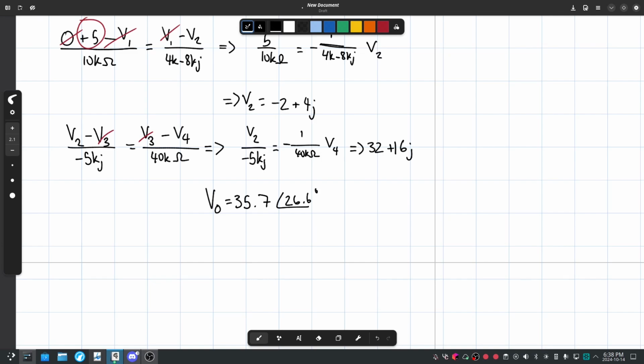And we have to convert it into time domain. So we always use a cosine for it because it's just easier. So VO as a function of time is 35.7 cosine of omega t, that's 10 to the 3 t, plus 26.6 degrees. There you go.